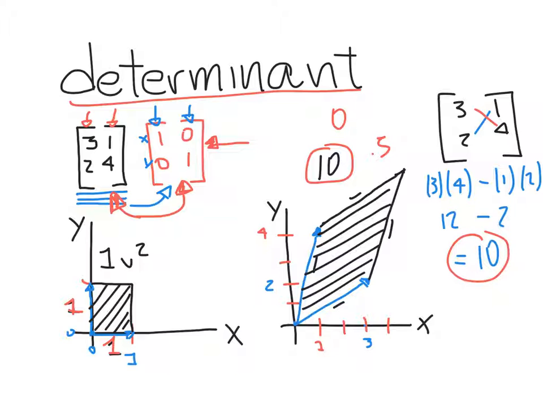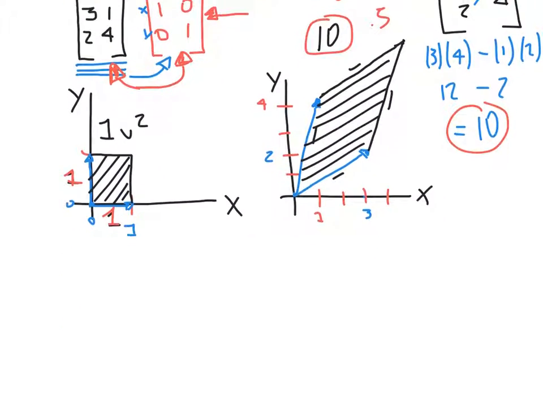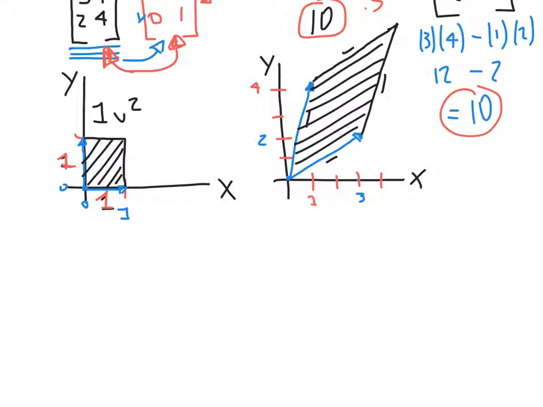If the matrix is larger, let's say a 3 by 3 matrix, then the procedure is a little different. Let's say you have some numbers here: 3, 2, 2, 1, 3, 4, and 5, 2, 1.